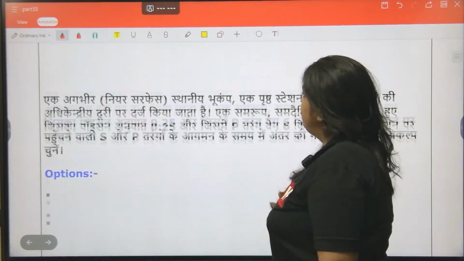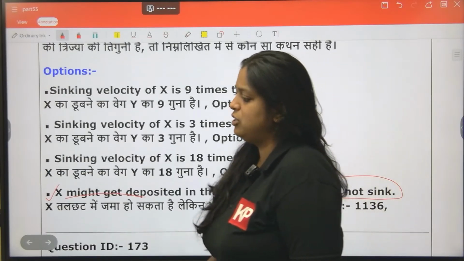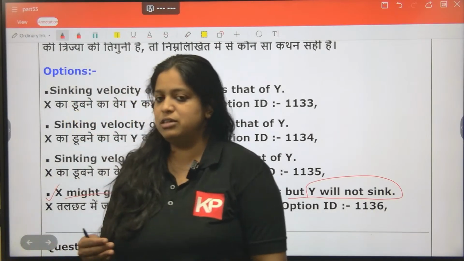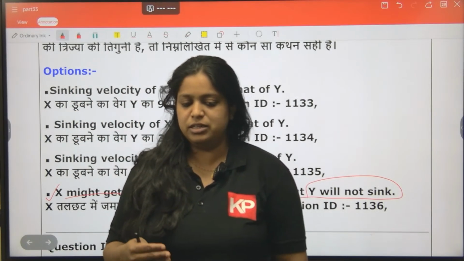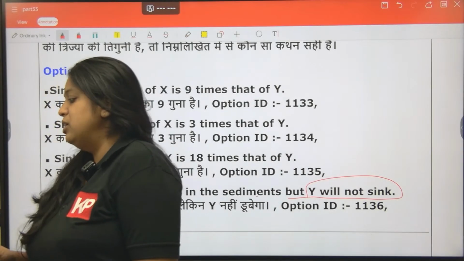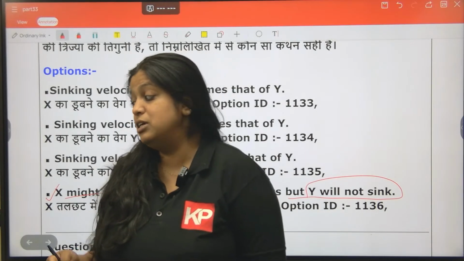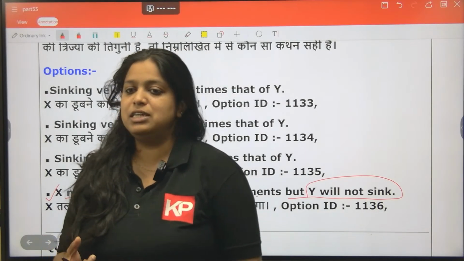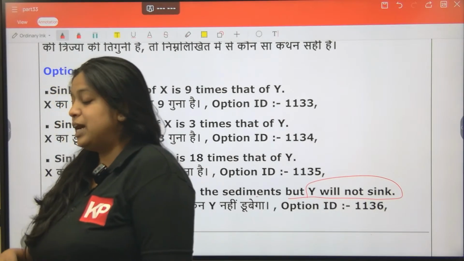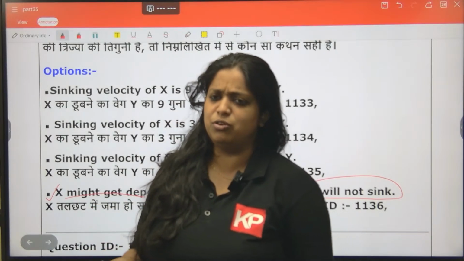Yalin's number is a dimensionless quantity, like the Reynolds number. This Yalin's number is directly proportional to the cube of the diameter of the particle, where we consider it as a sphere, and inversely proportional to the square of the kinematic viscosity of the fluid.